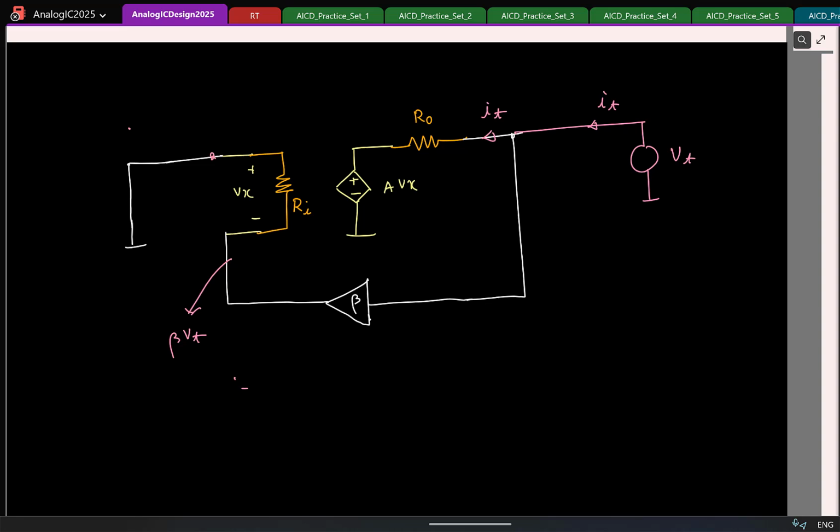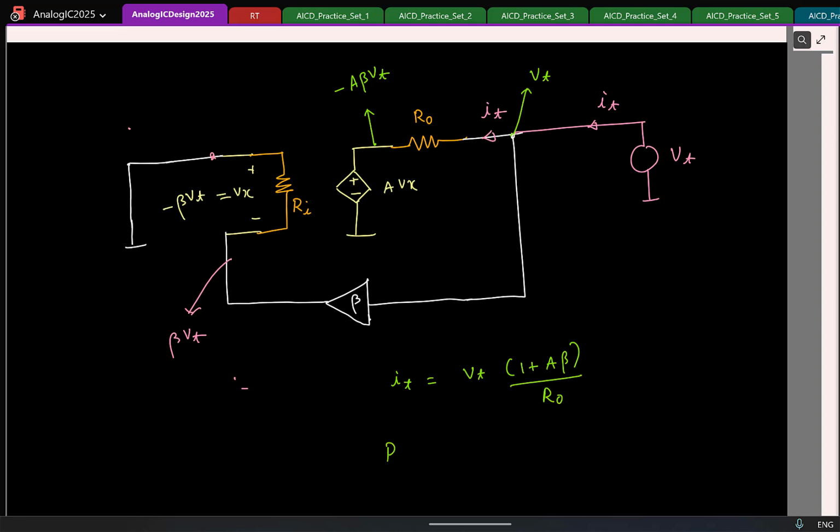So what can you say about Vx, minus beta V test? And this voltage now is minus A beta V test. This voltage is how much? So what is the test current now? V test into 1 plus A beta, divided by the output resistance.